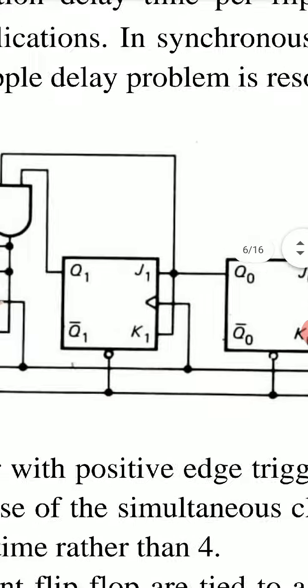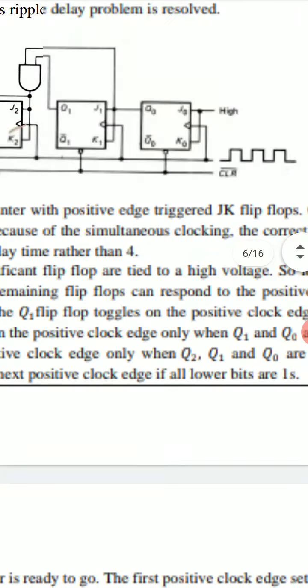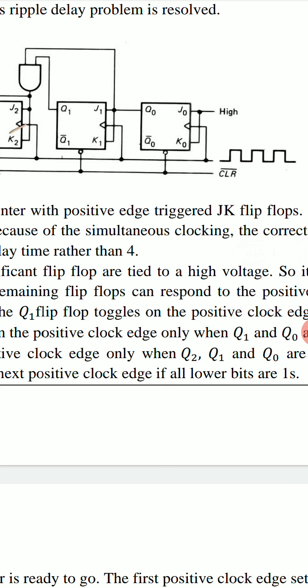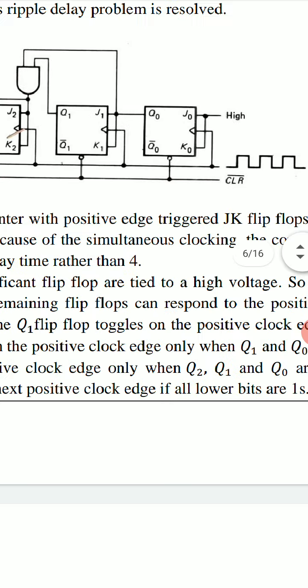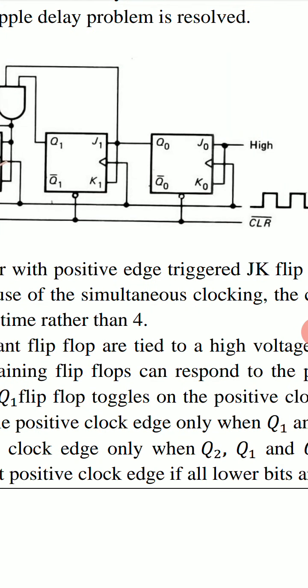With this, we see that inputs J0 and K0 are connected to high, that is 1. In the ripple counter, inputs J and K of all 4 flip-flops are connected to high.